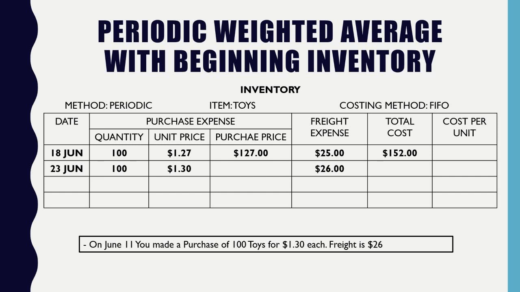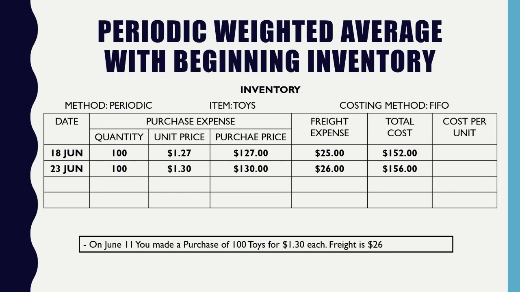So then I'm going to go ahead and plug in my second scenario, which was that I purchased on June 23rd 100 units at $1.30, which cost 130 plus 26, making it 156. So again, it's optional to do your cost per item. So now I have to go ahead and tally up my totals.